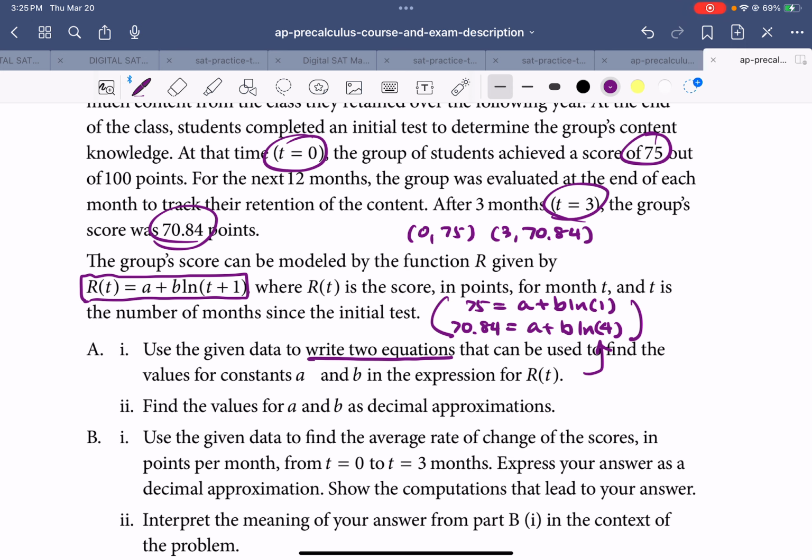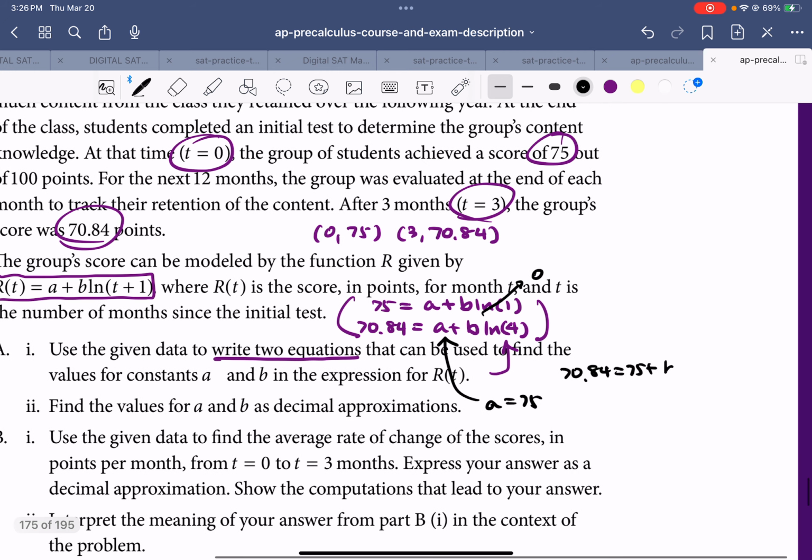Now, the second one: find the values of A and B as decimal approximations. We know ln 1 is 0. So B times 0 is 0. That means we already know A is 75, right? And then you substitute this into the second one. Then 70.84 equals 75 plus B times ln 4, right?